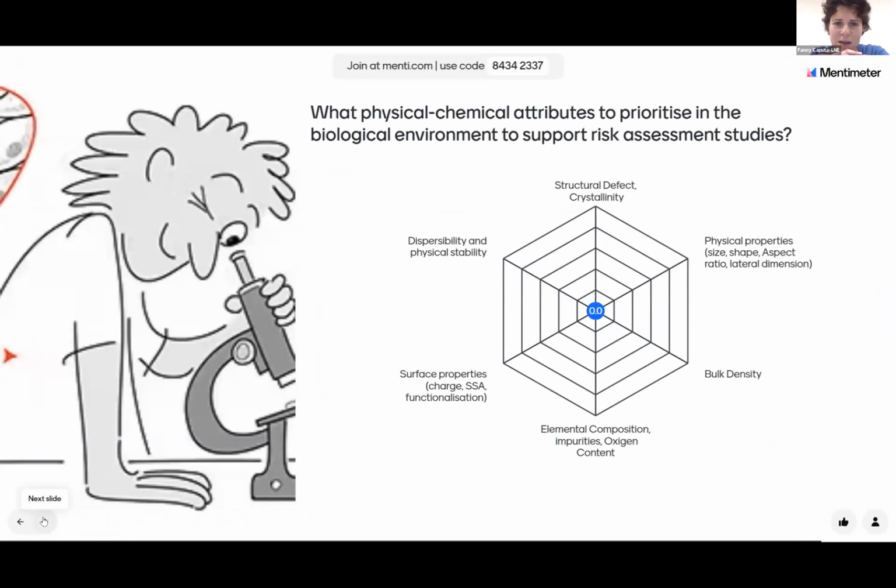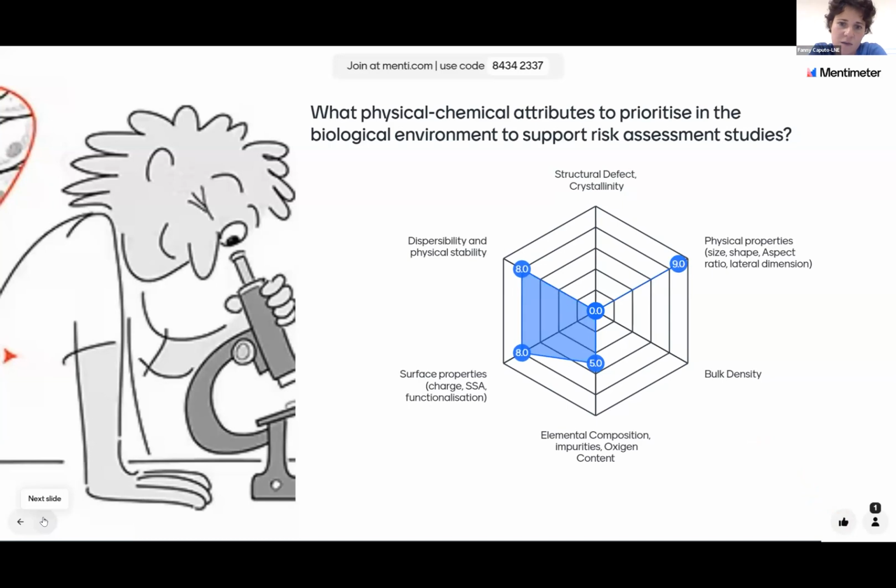Okay, this is the last one, I think. So when we are coming back again to the physical chemical attributes that may be associated with the characterization in the biological environment, what do you think may be the most critical? And here again, you have a scale from 0 to 10, where you can indicate what would be the most critical according to your experience.